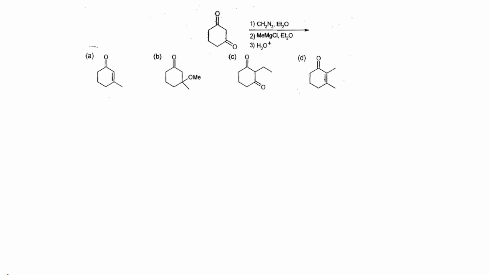So let's try. First this diazomethane is given. This proton is acidic, so it will take a proton from here, generating a negative charge.